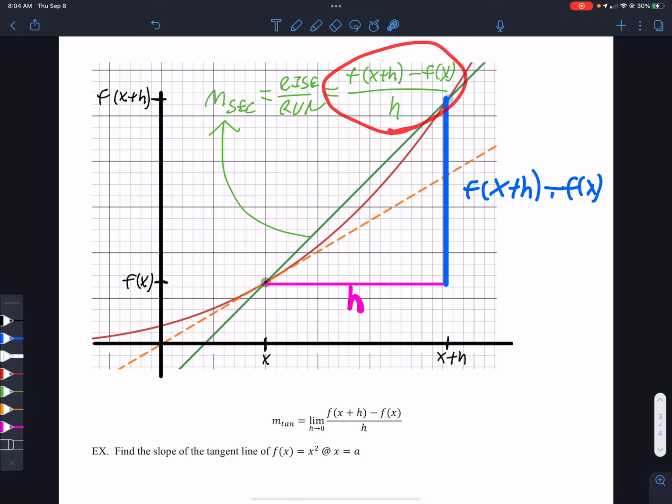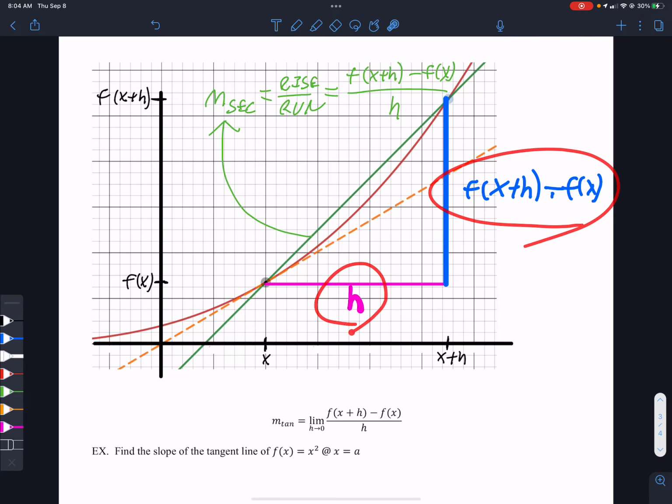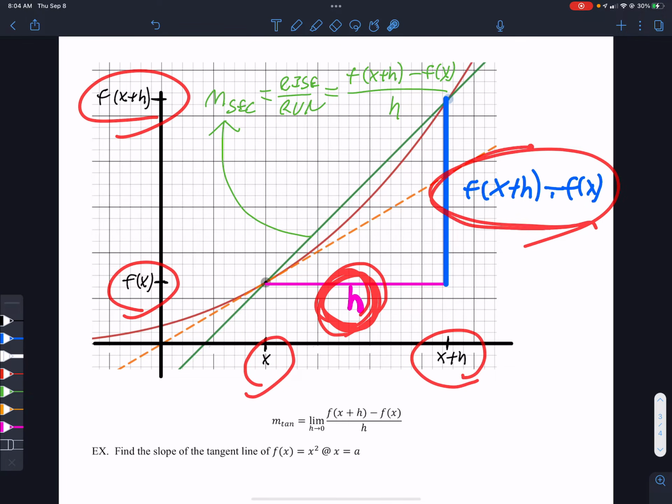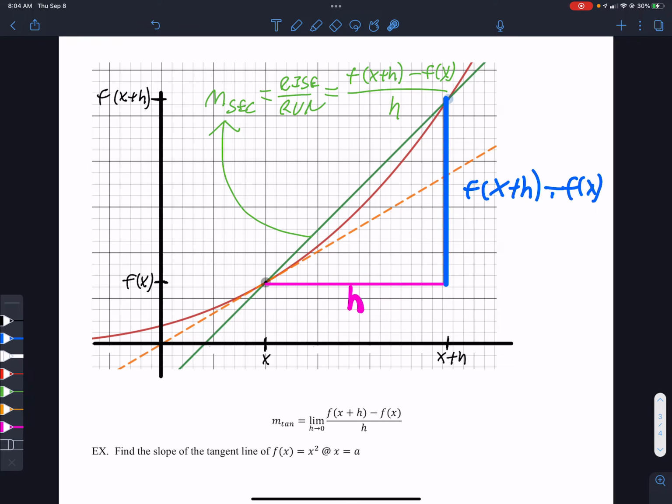Once you see it, it's easy, and then you're not going to forget these formulas we're giving you. Make sure that makes sense. Rise, run. If I start at x and at x plus h, the distance between those 2 points is h. You find the y values, the distance you subtract, and you just do rise over run. So that is the slope of the secant line. That's the second formula.